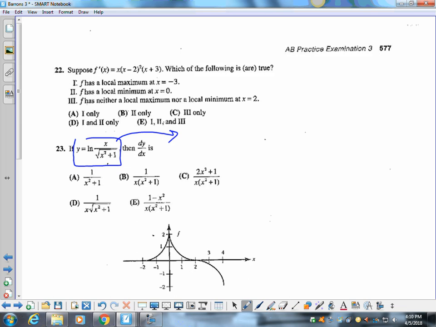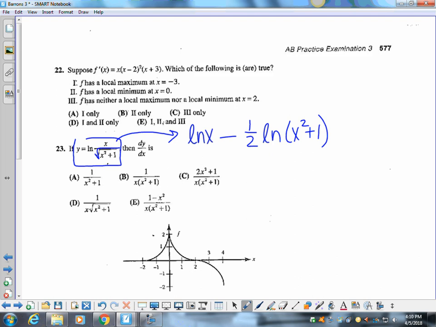So I can make this, because it's division, ln of x minus, okay, this I can think of as a power to the 1/2, and powers get kicked out front. So now this is so much easier.